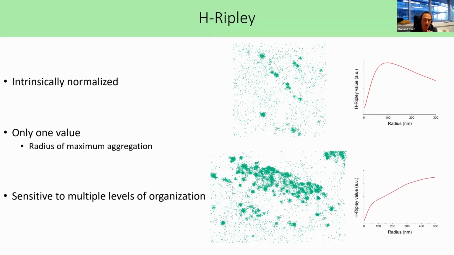This is good, for instance, when you want to do comparison between different conditions, to find if one of the two conditions is more clustered or not. But maybe you will be interested in the distribution of your clusters, and this is not something that the K or the H function will give you. And it's sensitive to multiple levels of organization. As I said, if there are more than two levels of organization, it won't work.